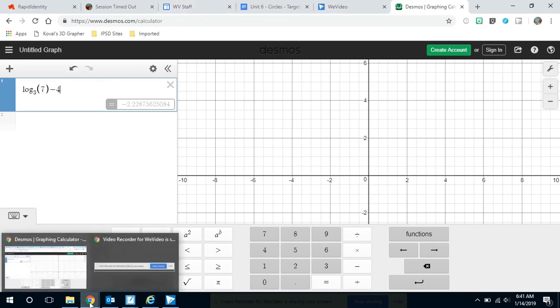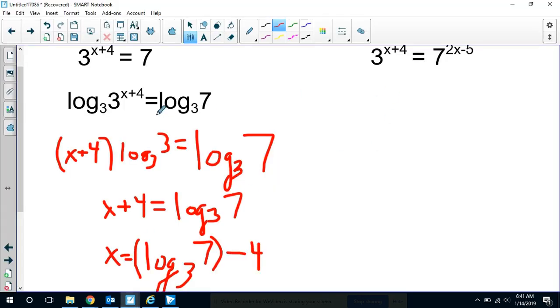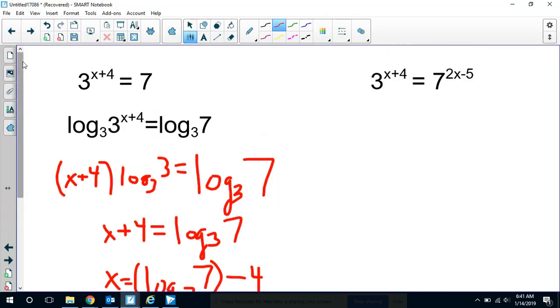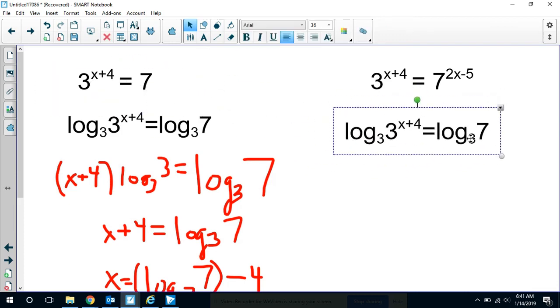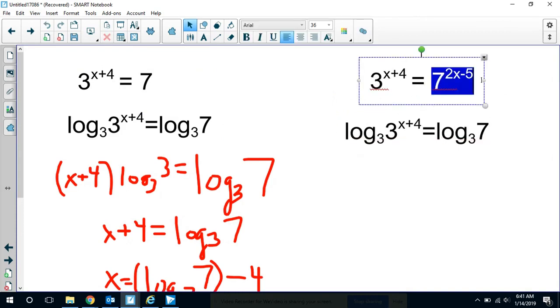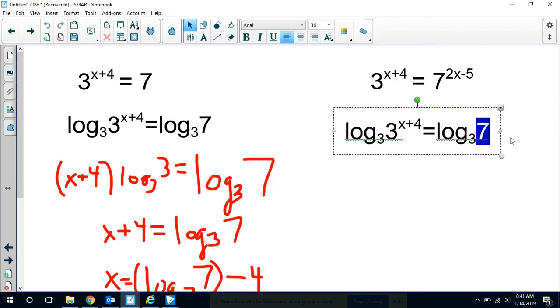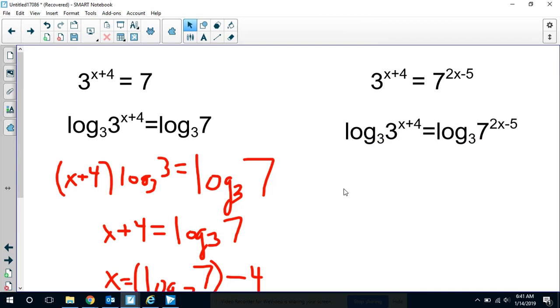Finally, let's do one last problem. So if I have 3 to the x plus 4 equals 7 to the 2x minus 5, this problem is a little bit harder. What I'm going to do is I'm going to take a log of both sides. So I have log base 3 of 3 to the x plus 4 equals log base 3 of 7 to the 2x minus 5.